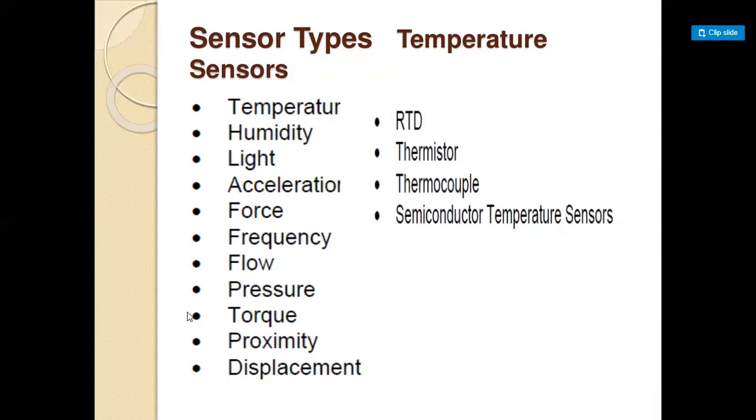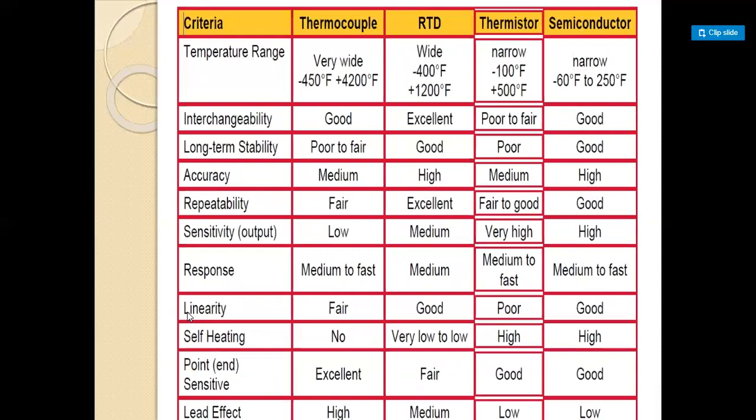Next is the criteria, basically for the RTD, thermistor, semiconductor, thermocouple. The temperature range for the thermocouple is very wide, that is minus 450 to 4200 Fahrenheit, wide range for RTD, and the thermistor is a narrow one. And the semiconductor is narrow, minus 60 Fahrenheit to 250 Fahrenheit.